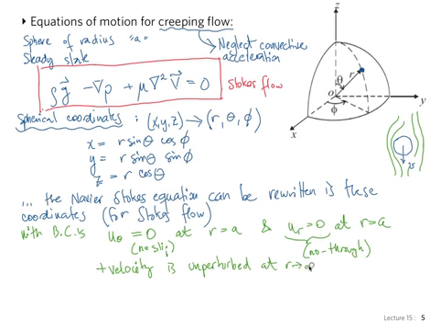As r tends to infinity. With this situation, we're not going to do it, but it leads to a closed form solution, which I'm just going to write down here. So you can get everything in closed form for the velocity in this case. You can get everything from the Navier-Stokes equation.